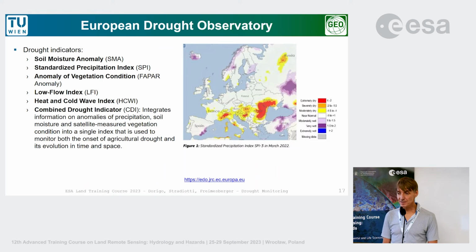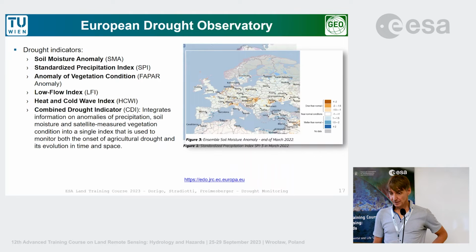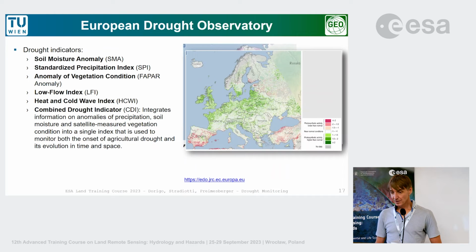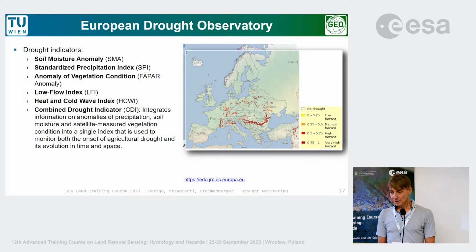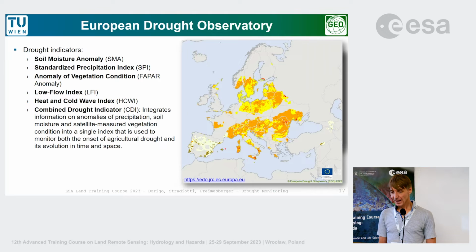Yeah, so this is just an example. You see here, this is SPI. There's the ensemble soil moisture anomaly coming from observations. Then there's the FAPAR, that's the greenness, or the intensity of photosynthetic activity, stream flow, and in the end you end up with a combined drought indicator which integrates all these different components into a more comprehensive indicator of drought.